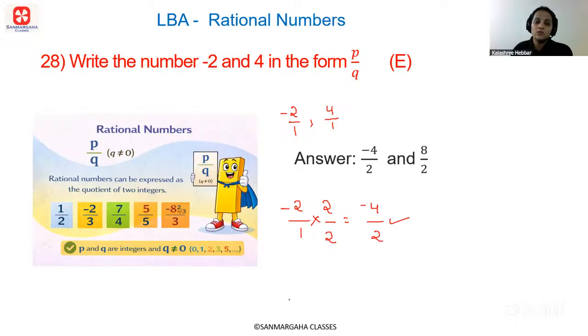Okay, so which is in the form of P by Q. And 4 by 1, multiply 2 with both the numerator and the denominator, that is 8 by 2, which is also in the form of P by Q. Correct? So you can express minus 2 and 4 in the form of P by Q as minus 4 by 2 and 8 by 2.